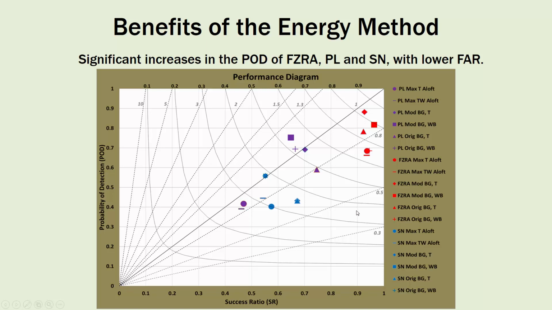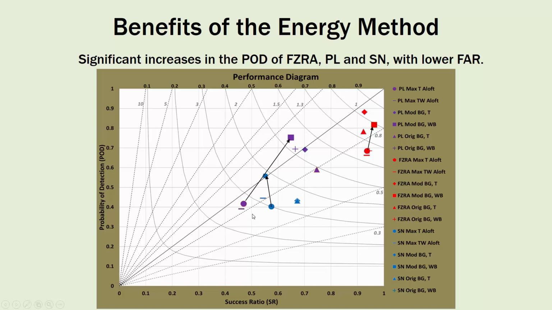So we've got the different types of precipitation here in the mix. We've got freezing rain in red, sleet in purple, and then the blue ones represent snow in these mixed precipitation cases. There are a lot of them on here just for comparison, but overall the thing I want to point out is, if we look at freezing rain, following my arrow here, the traditional top-down maximum temperature aloft method versus our modified wet bulb Bourgouin energies, notice the increase in the POD, with an even higher success ratio than we see with the traditional method.